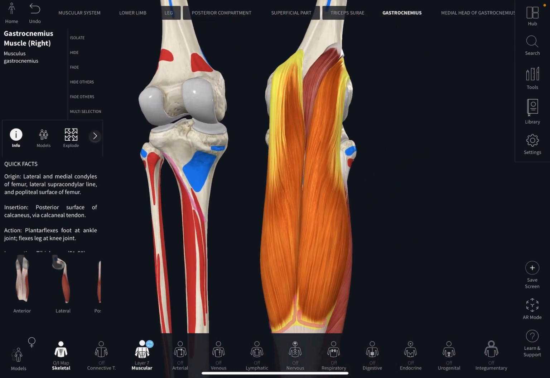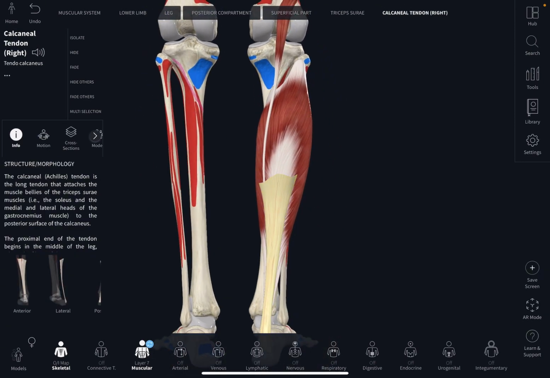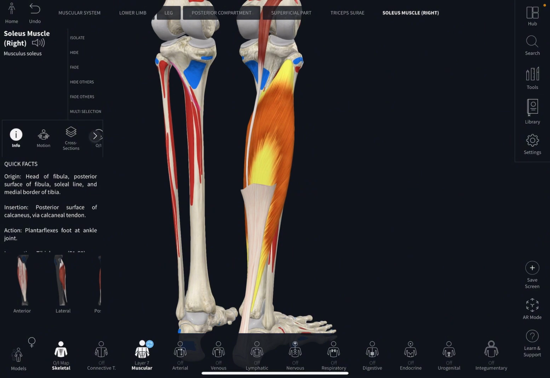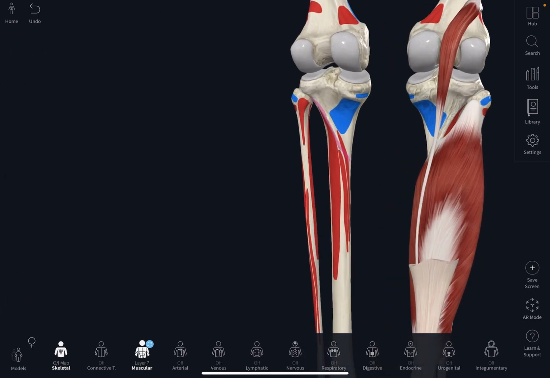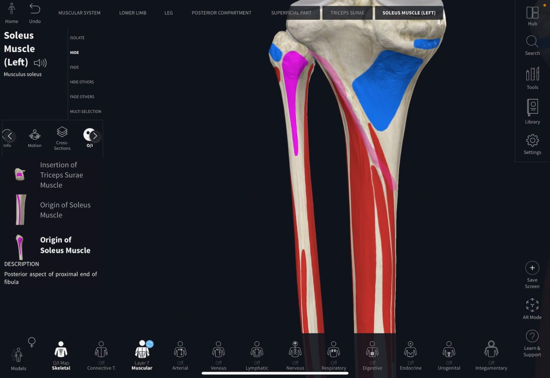So right below the gastrocnemius, we are going to have our soleus, which is going to be a very flat muscle. It is going to originate from the posterior surface of the fibular head right here. And the soleal line, that pink line right there.